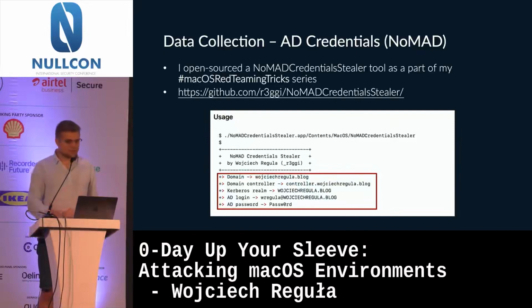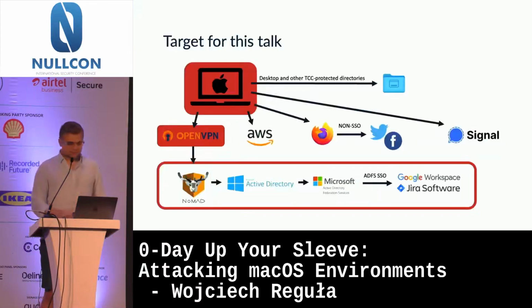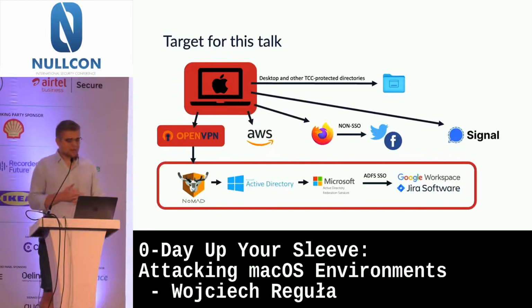It's pretty simple. You just run the Nomad credential stealer application, and it will dump the Active Directory credentials right from the keychain without raising any prompt. Again, no additional privileges, standard user. Because we were able to get all of the credentials from the macOS keychain, we are now able to access all the company's resources that are hidden behind the ADFS SSO, right?